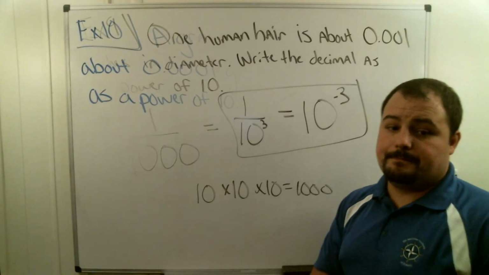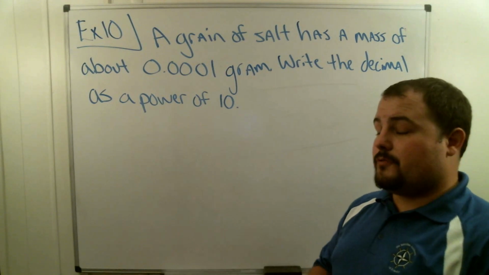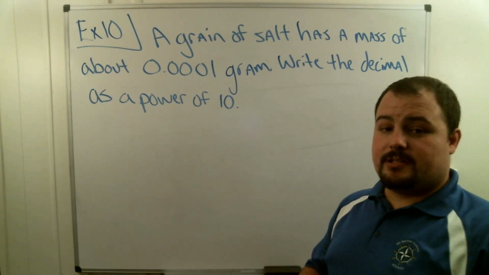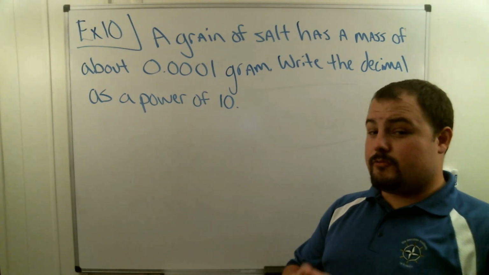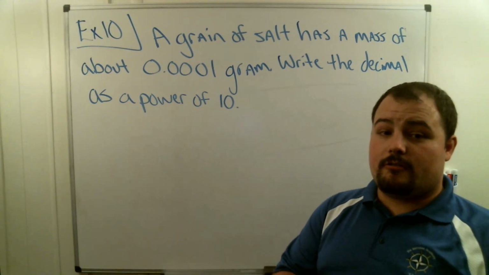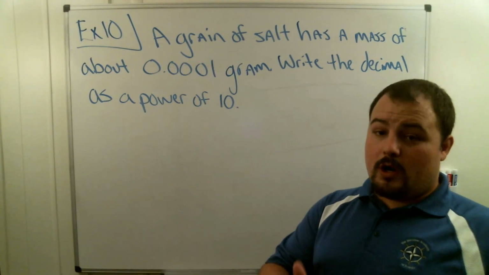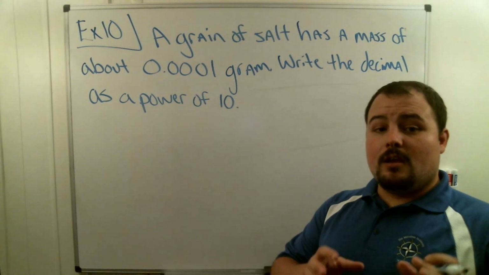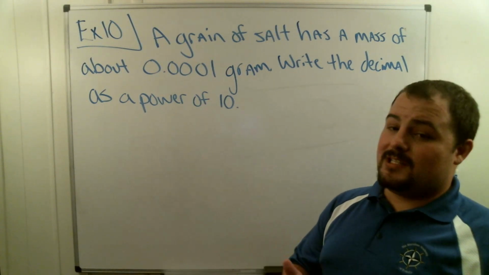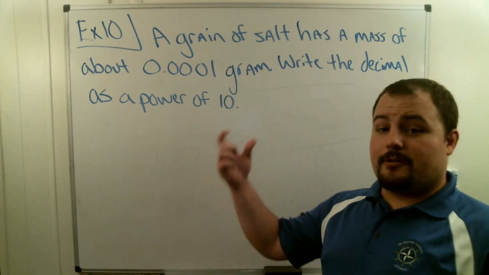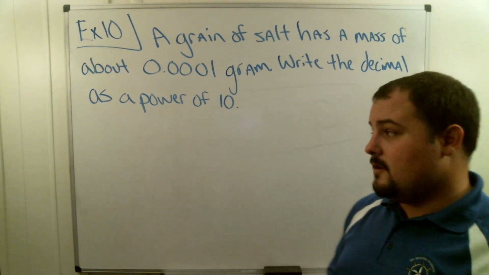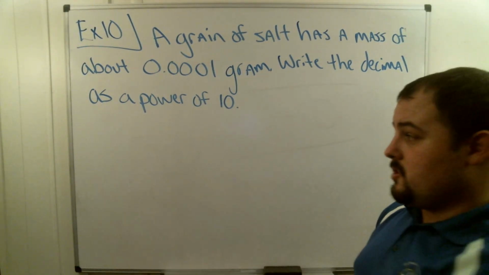Let's try another one. In example 10, we're going to look at another real-life example. A grain of salt has a mass of about 0.0001 grams. Now, again, that's 1/10,000th gram. We need to write that decimal as a power of 10. But first, we should change it to a fraction.